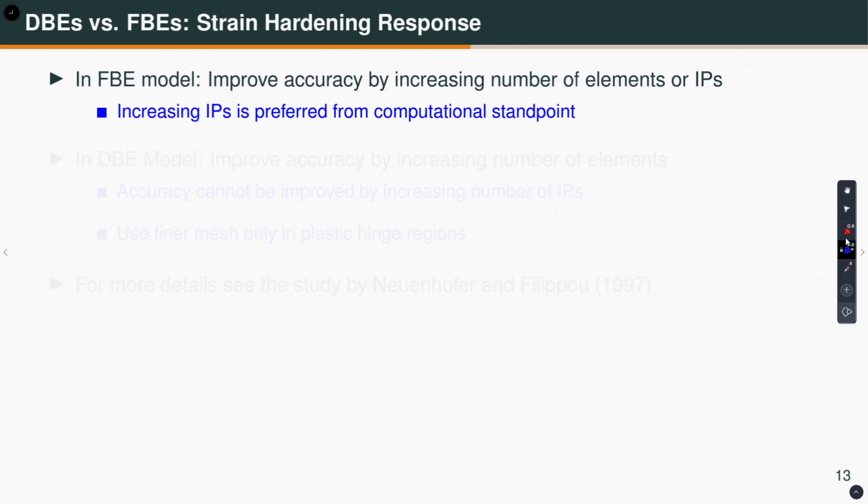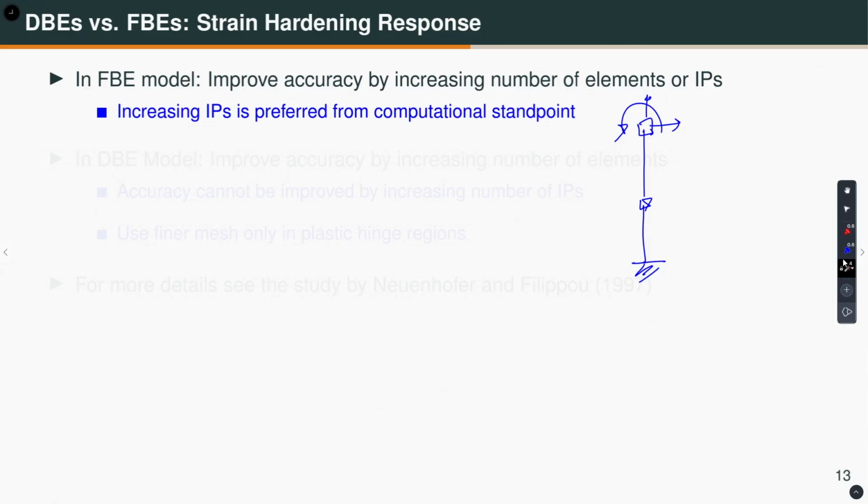So let us say I have 1 element and I add another element, I have actually added 3 degrees of freedom, isn't it? Instead, if I increase the number of integration points, my computational effort does not increase so much. Therefore, in force-based elements, we will use a single element with more integration points.